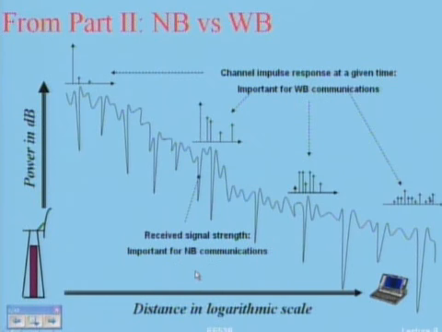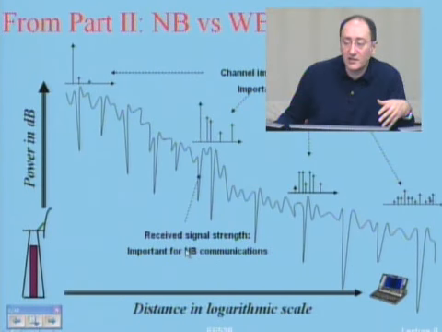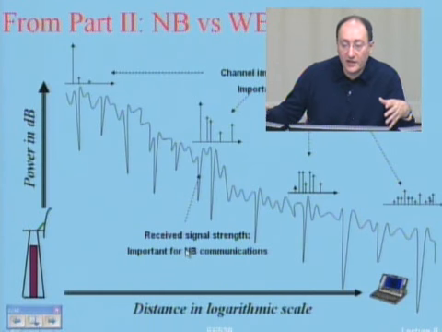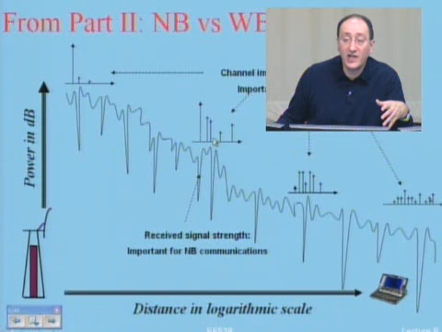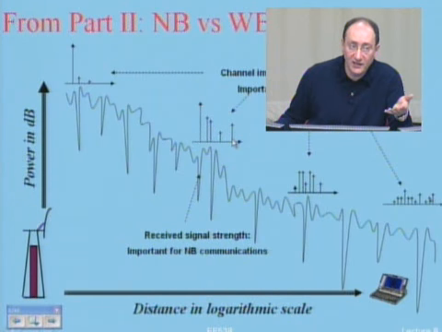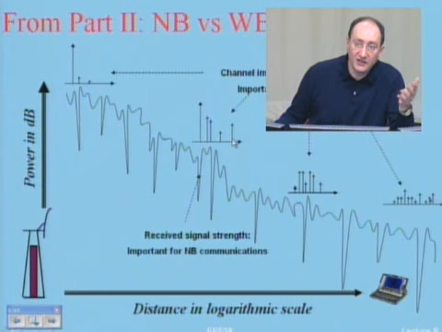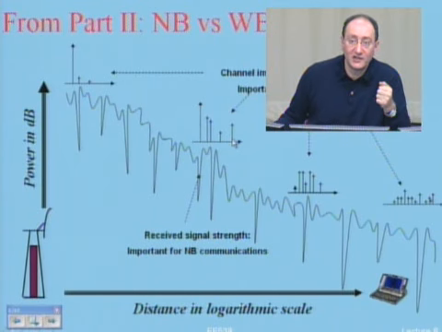If you remember, narrowband communication is when your symbols are slow compared with the spread of the channel. If you take the RMS multipath spread of the channel and invert it, your symbol duration is, for example, 10 times more than that.